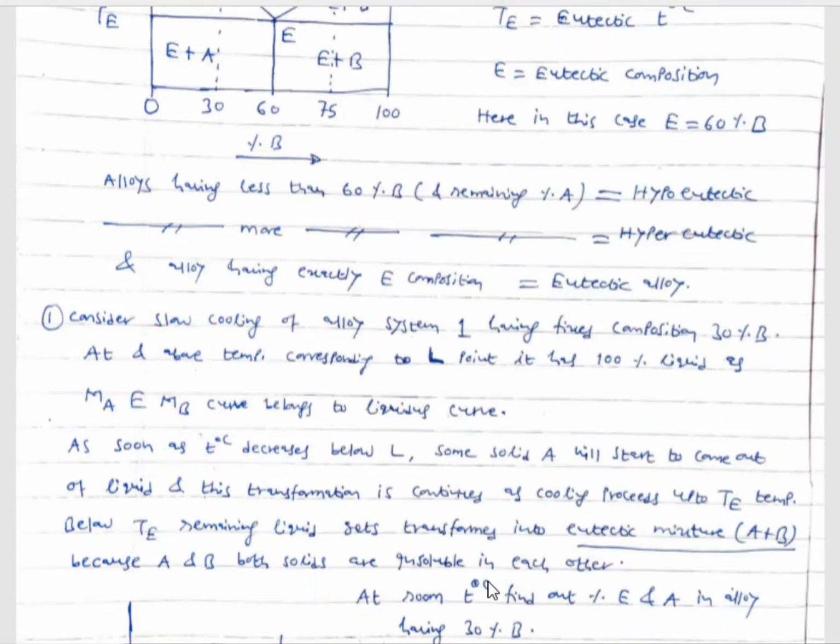Remember 0% B corresponding to 100% A, 30% B is the overall chemical composition of our alloy under our study, and 60% B is the eutectic composition.